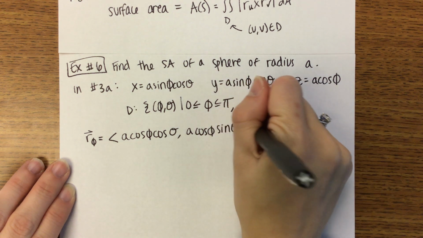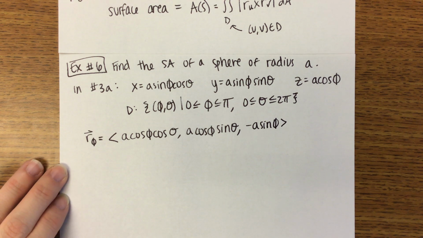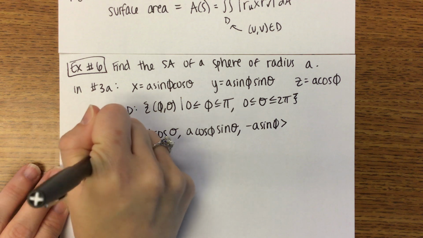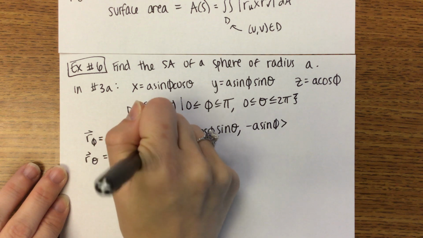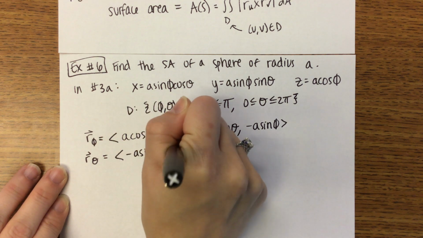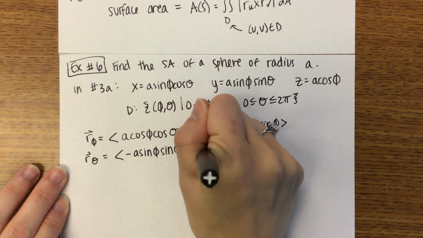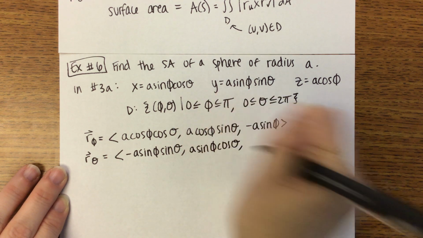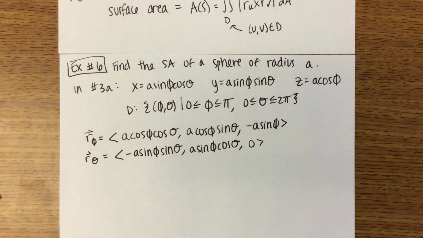And this one will be negative a sine of phi. Then you take the derivative with respect to theta. So we get negative a sine of phi, sine of theta; a sine of phi, cosine of theta; 0. Okay. Do we follow me so far?